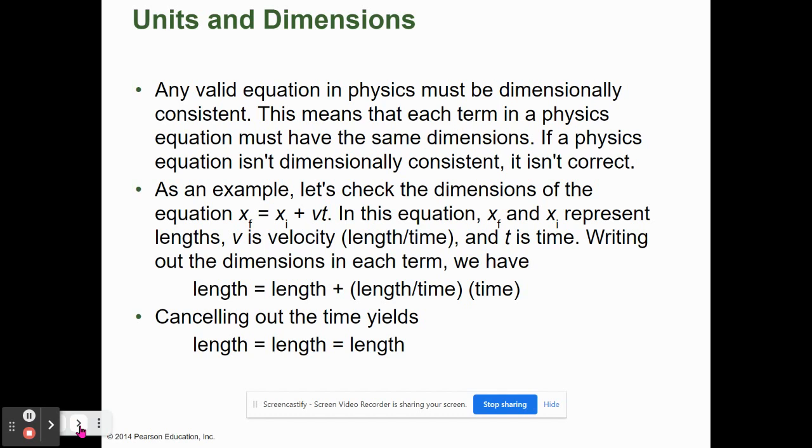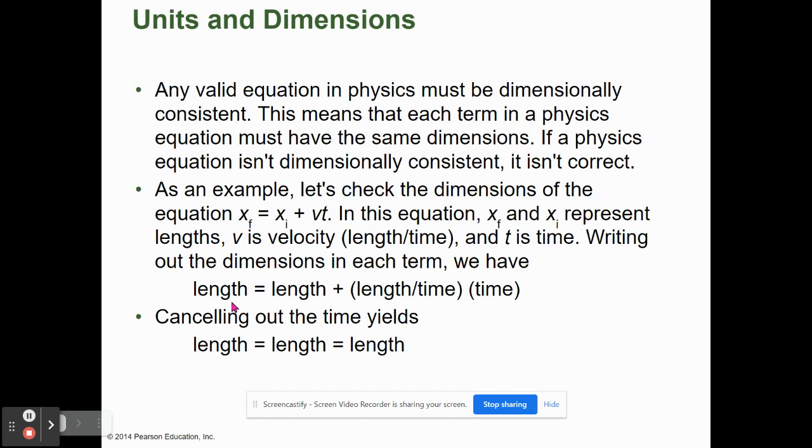So if we have this formula, for example, it's a formula for determining your final displacement or your final distance away from something. So final distance is equal to the initial distance, or initially where you started, plus your velocity times your time. When you put all the units in there, they have to wind up coming out to be the same unit all the way across.